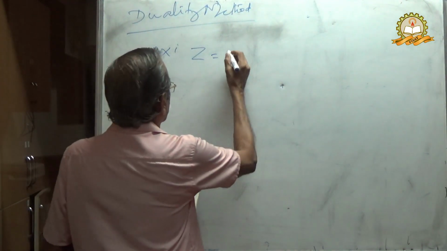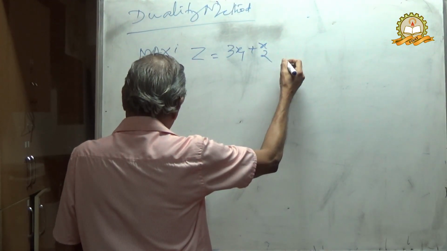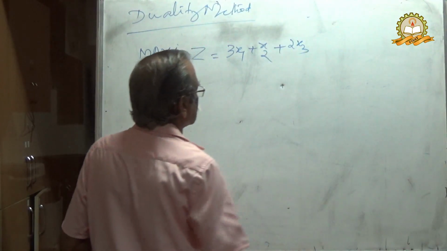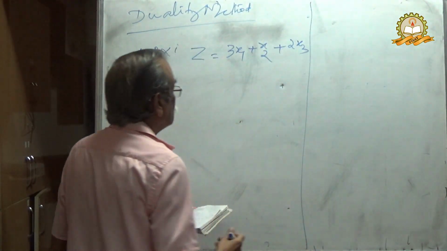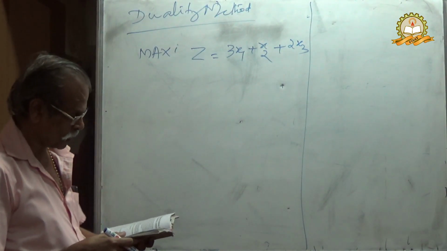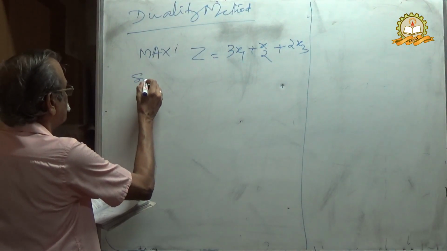Maximize Z equal to 3x1 plus x2 plus 2x3, subject to constraints.